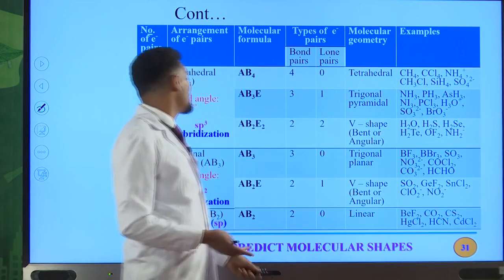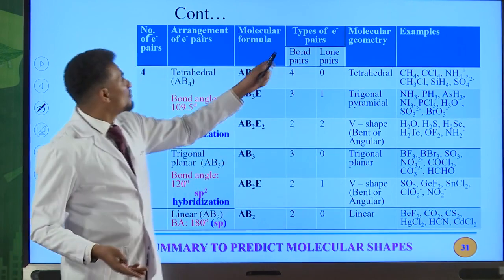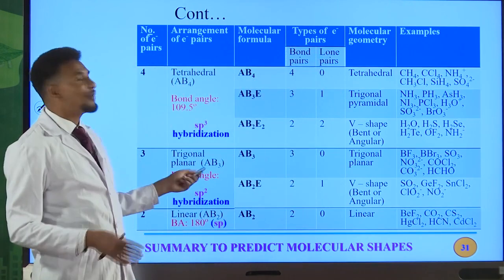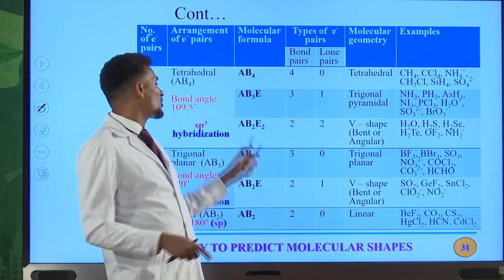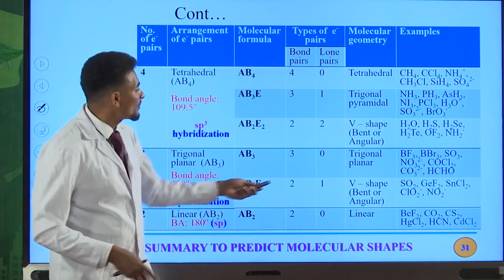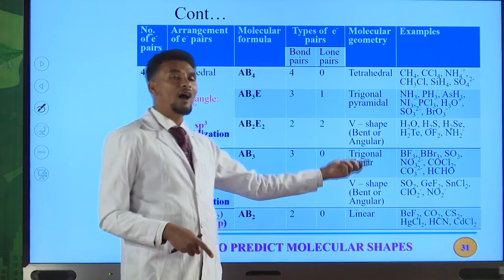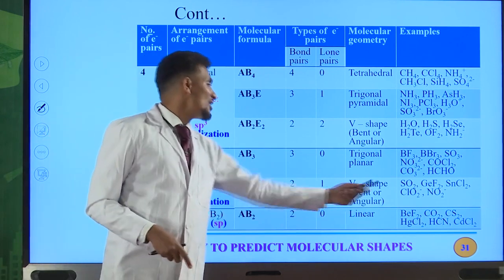These are examples. For AB3 type, trigonal planar, molecular geometry and electronic geometry are the same for this type of molecules if you have no lone pair of electrons around the central atom. If one bond is replaced by a lone pair of electrons, V shape or bent or angular, these are examples. AB2 type, linear, these are examples.